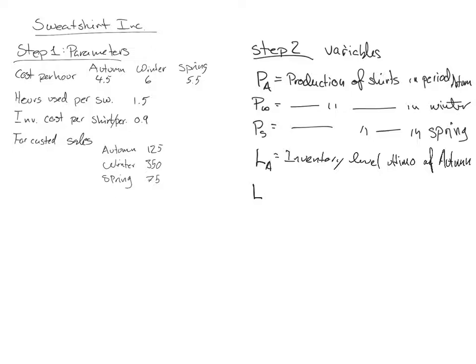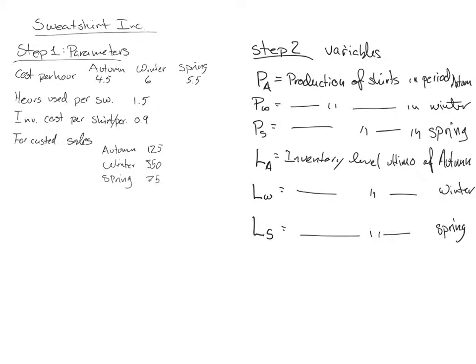We have LW, that's just in the end of the winter. And then we have LS, that's the inventory in the end of spring.